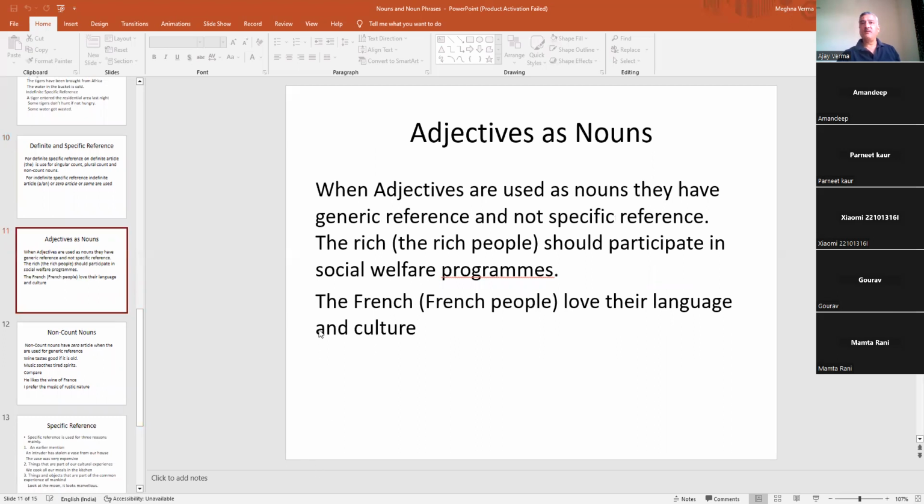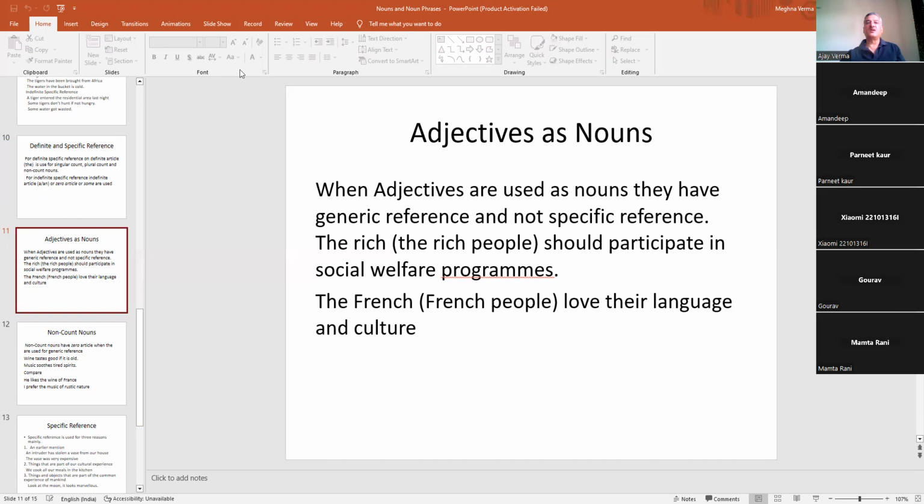So sometimes we use adjectives as nouns. Now, this is a very specific use of adjectives. Adjectives normally are used before nouns, but in some cases adjectives are used as nouns. What I want to tell you is that when adjectives are used as nouns, they have specific reference, not general reference.